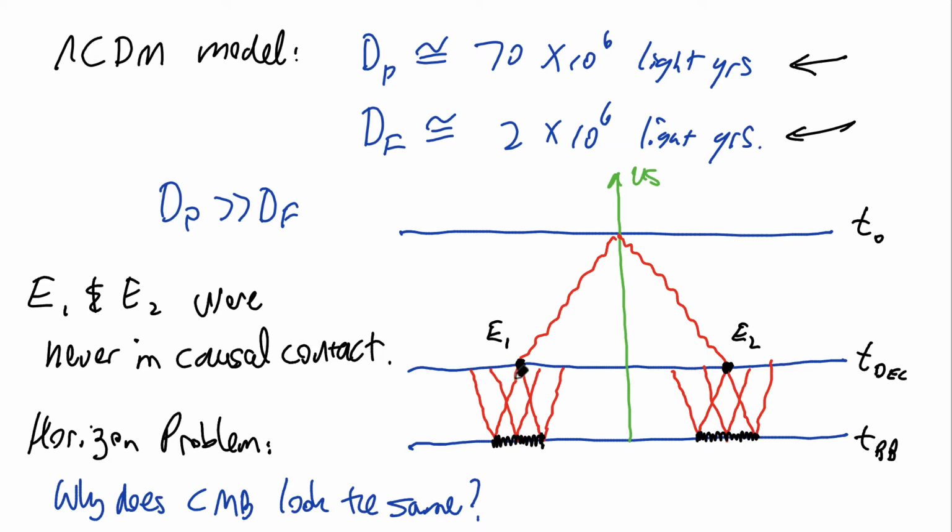So how can that be when these regions of the universe were never in causal contact? So there was never an opportunity for those parts of the universe to come to any kind of thermal equilibrium. And as I said before, this horizon problem is a generic problem of all of these cosmological models, not just of the lambda CDM model.